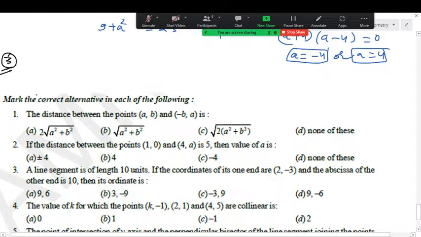A line segment is of length 10 units. If the coordinates of one end are (2, minus 3) and the abscissa of the other end is 10, they want you to find the y coordinate.